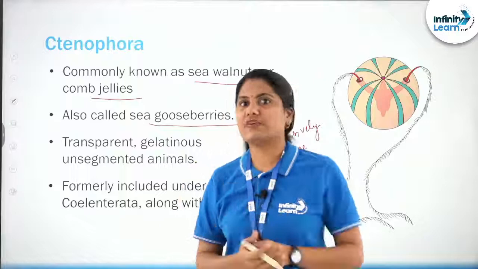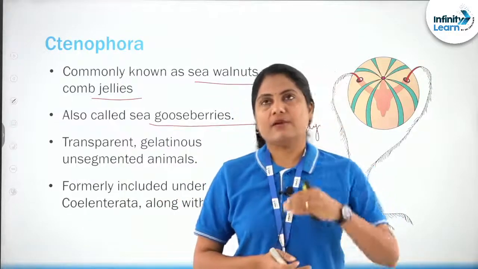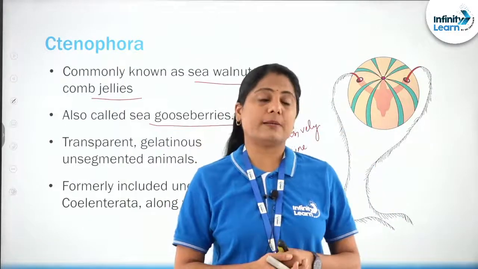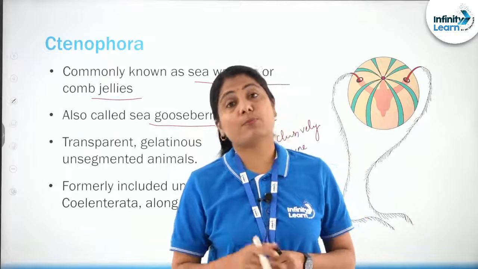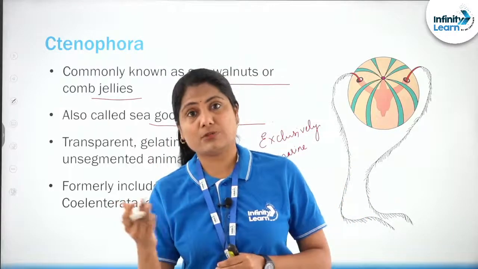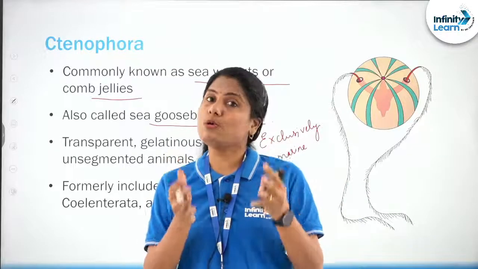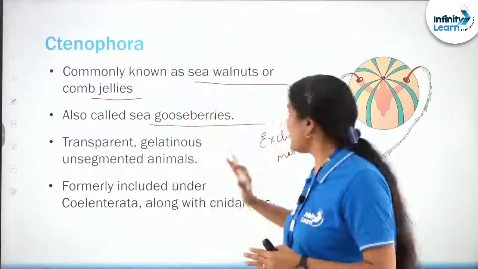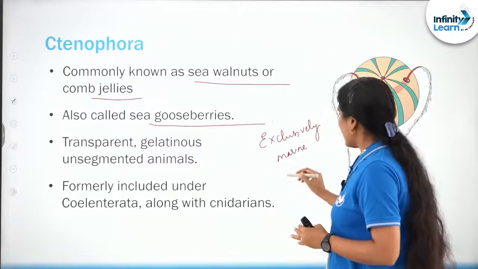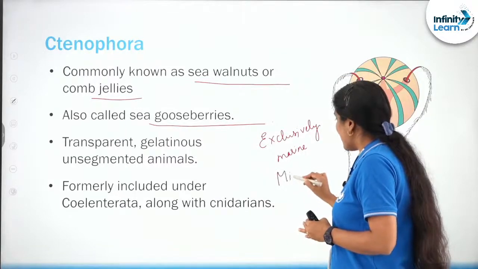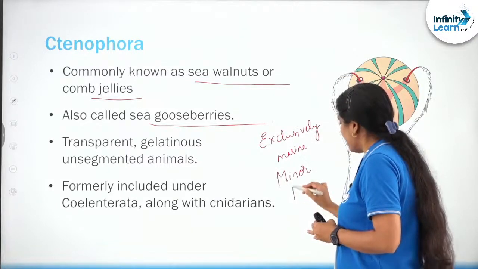There are certain other phyla also we are going to discuss, like for example, Echinodermata, Hemichordata, right, and the protochordates after we step into the chordates as well. These are all exclusively marine, they are found only in the sea. Not just that, one more fact about Ctenophora is that it is a minor phylum.